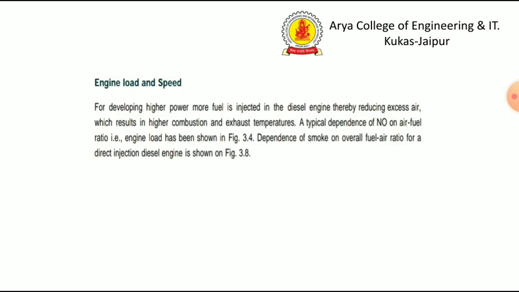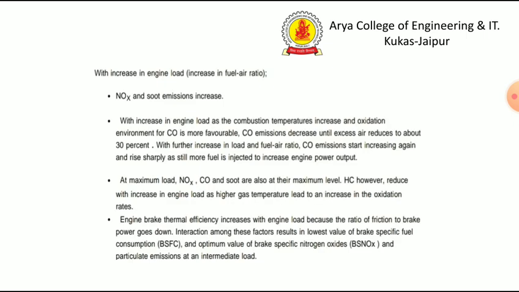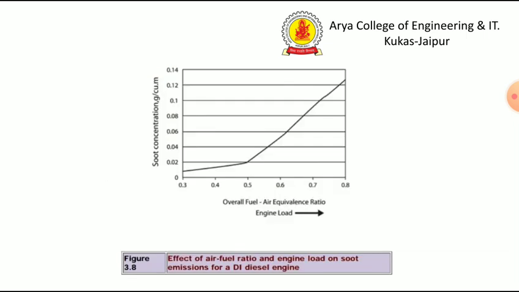The effect of engine load and speed: for developing higher power, more fuel is injected in the diesel engine, thereby reducing excess air. On overall fuel air ratio for a direct injection engine, as shown in the figures, this is the effect of air fuel ratio and engine load on soot emissions for a DI diesel engine.